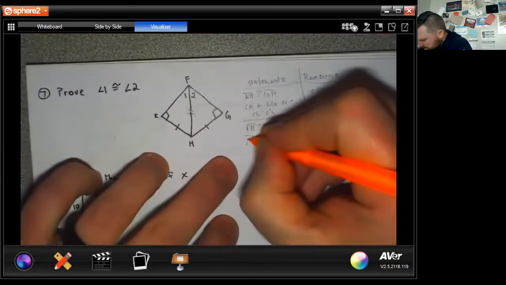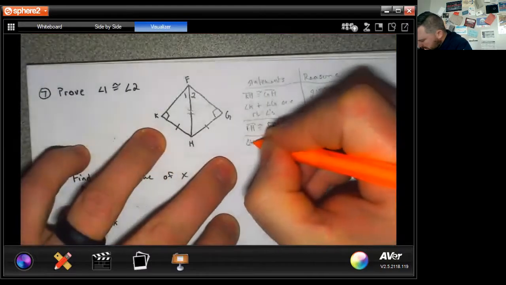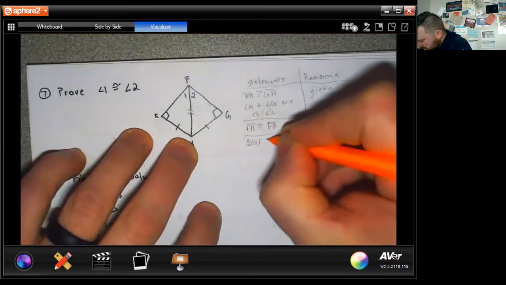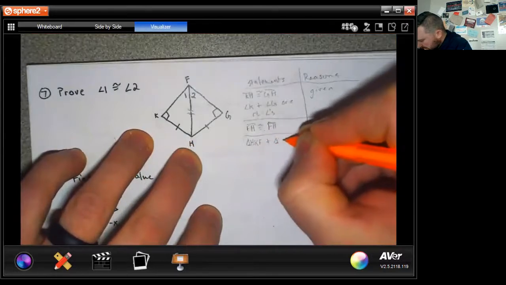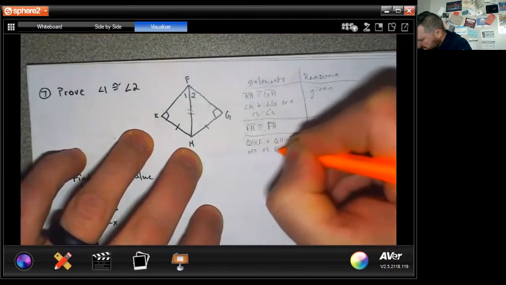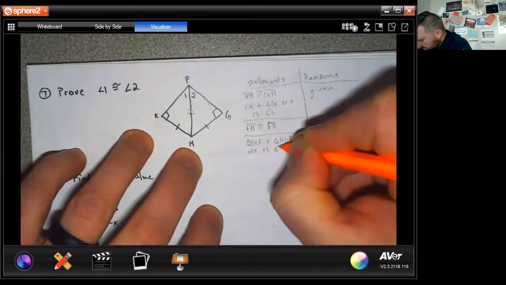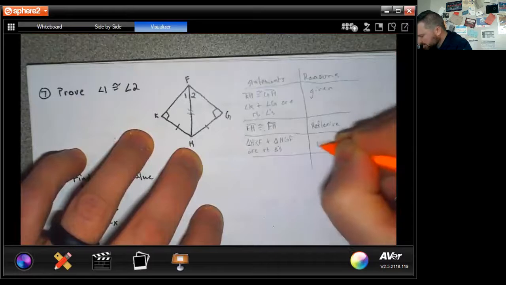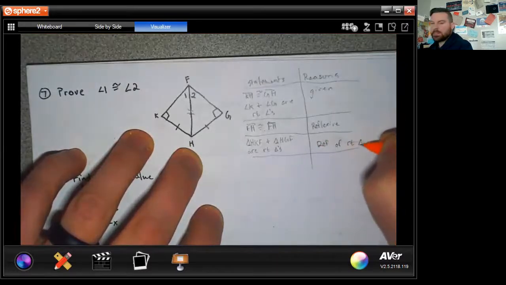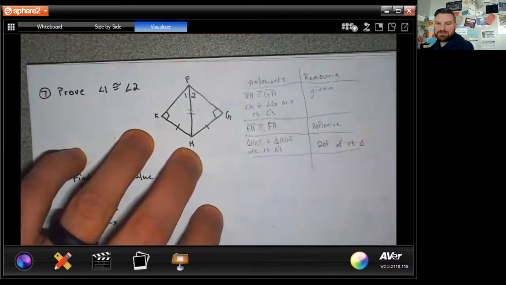So triangle HKF and triangle HGF are right triangles. That is the definition of a right triangle: if a triangle has a right angle, then it's a right triangle.